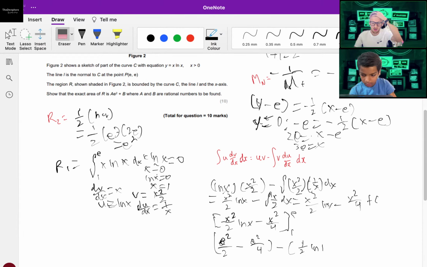Because I know you're rubbing it out as you go along, but in an actual exam, it's good to show those substitutions a little bit more explicitly. So it probably would be best in your exam to write down that you've got ln e in one step and ln 1 in the other, even though you've cancelled ln e down to 1 and ln 1 down to 0. It's good to show the substitutions, just so it's clear to the examiner that you are making it, particularly with the showing question.